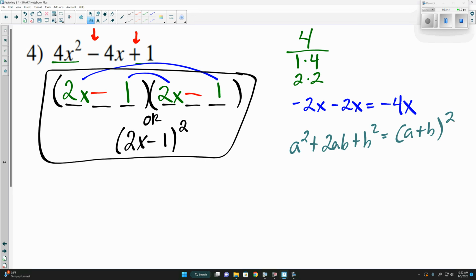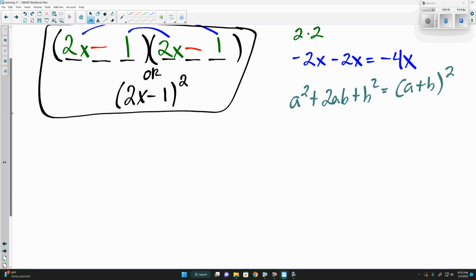You don't have to write that down, because I really feel that trying to figure out what a and b are, 2 times ab, and working this back out isn't really any faster than just factoring the thing like we normally do. Because y'all can probably do it the way that we did just as fast, if not a little bit faster, than trying to look at this for the square root of a, figuring out what a squared technically is and b squared technically is, and then working it that way. So, better off just doing this here. Questions on this?